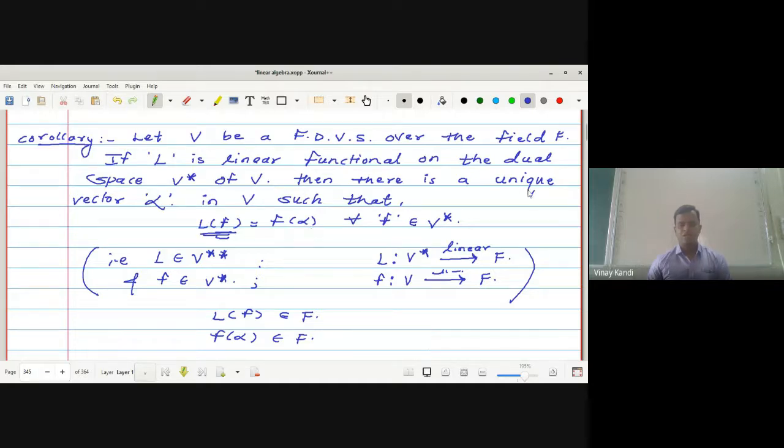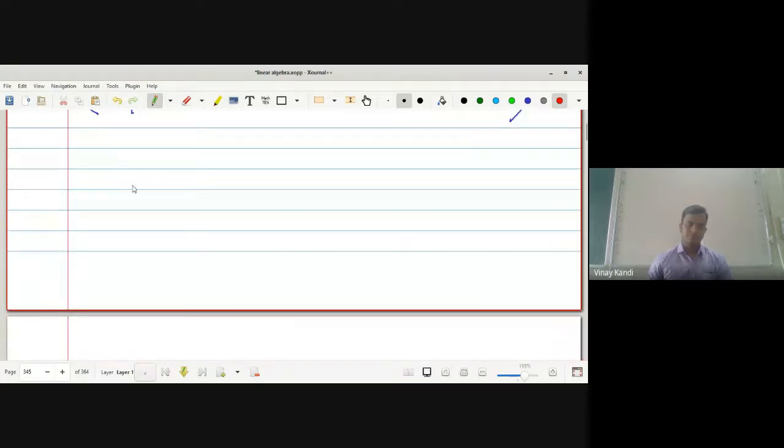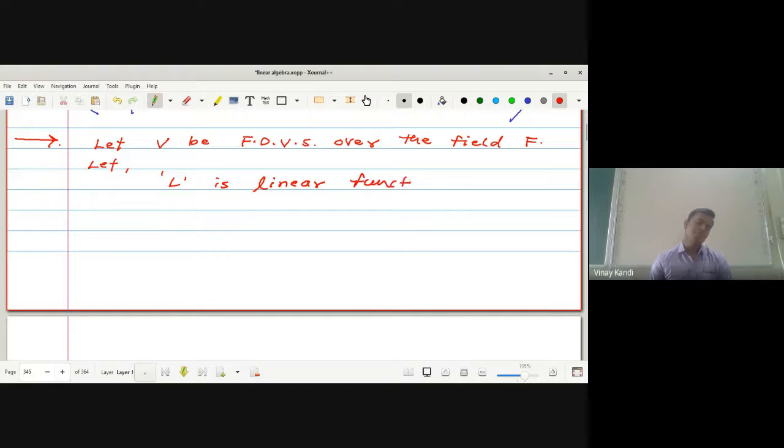Now look at the proof. Let capital V be a finite dimensional vector space over the field capital F. Let L be a linear functional on V star.